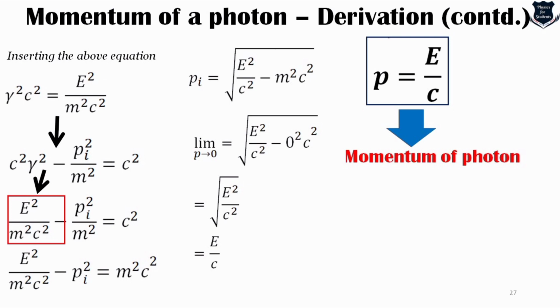On the left hand side you can again go back and see how we have done that. It is a nice clear equation solving. We inserted the value into c squared gamma squared, and then we further substituted this value, we got E squared by m squared c squared, and we solved for p.